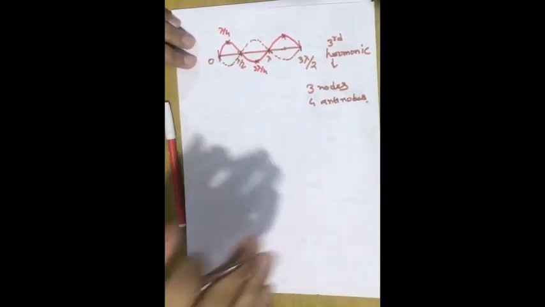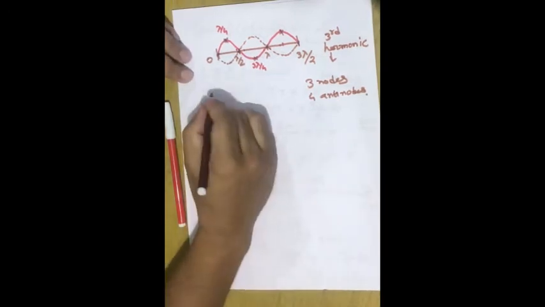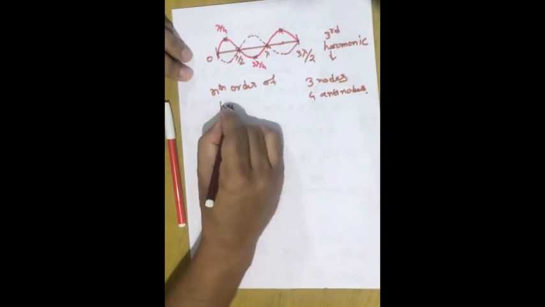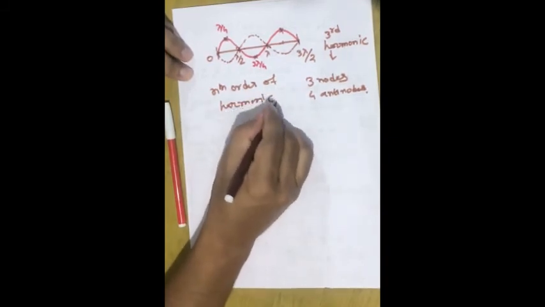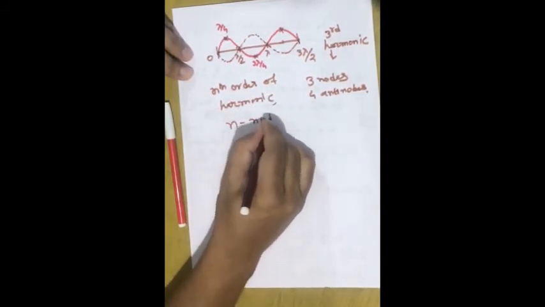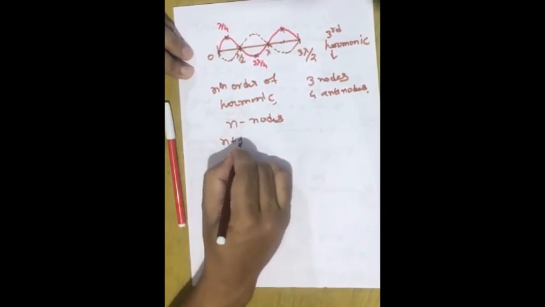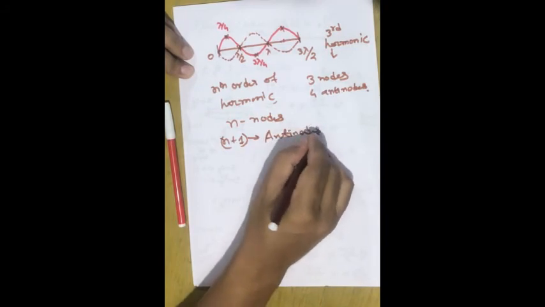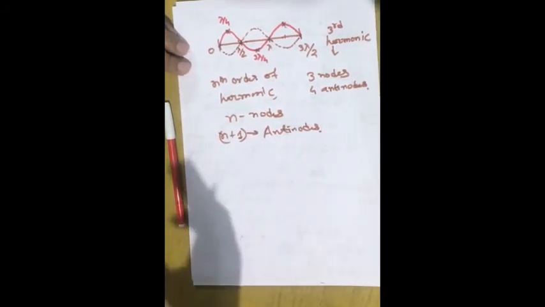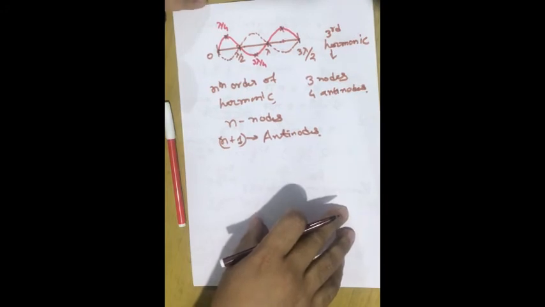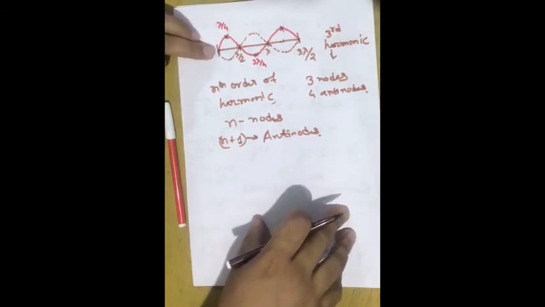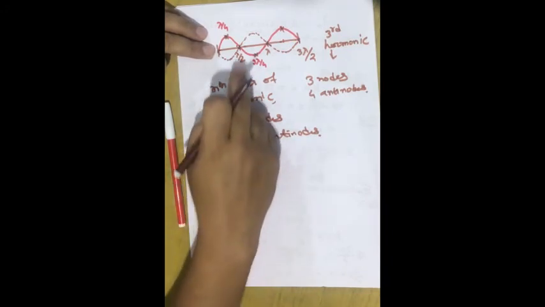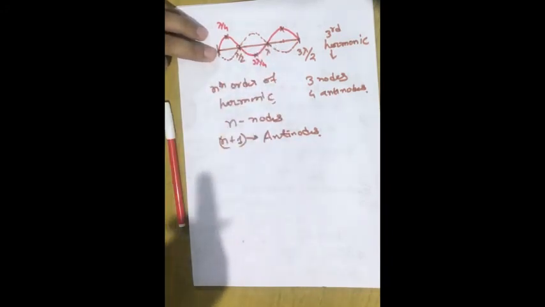Okay, so this is true for any order of harmonic. So for the nth order of harmonic, we can have n nodes, and how many antinodes? N plus 1 antinodes. So this rule will basically apply for this whole harmonic generation. Okay, so if you hit the string with the appropriate frequency, then you can observe such kind of harmonics generation on the string.